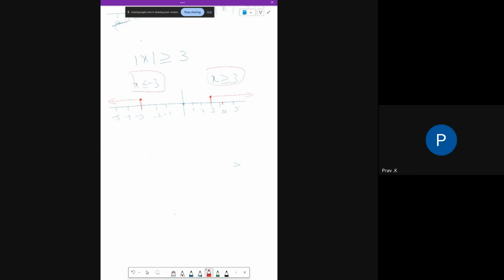Now we're going to do the same graph with a minor variation. Okay, I'll tell you what that is. I'm taking this out. Do you know how to represent this? So anyway, you know that we are taking x is greater than 3 or x is less than -3, right?